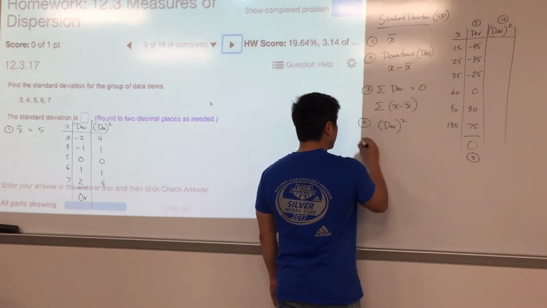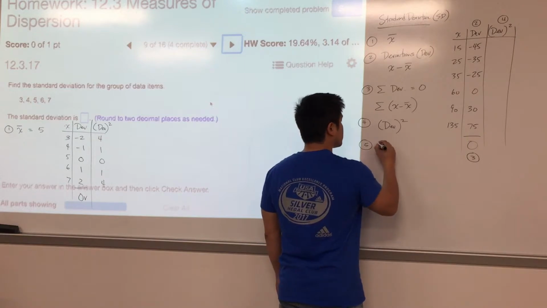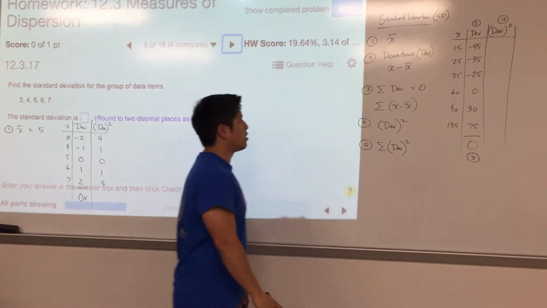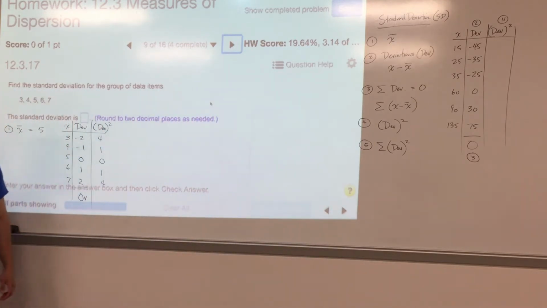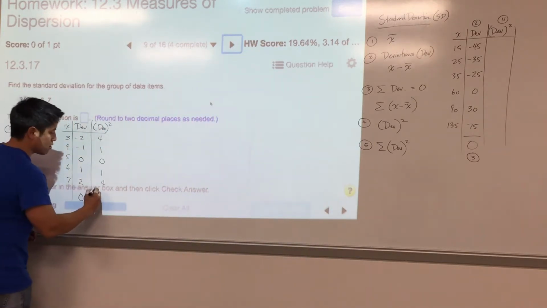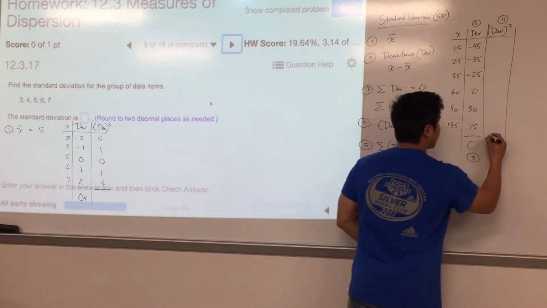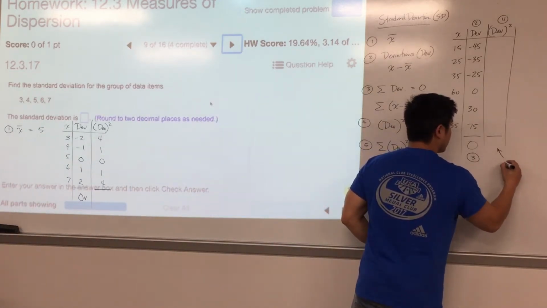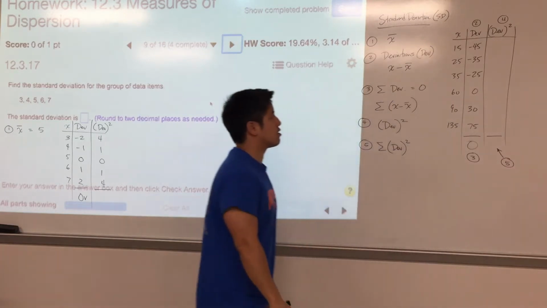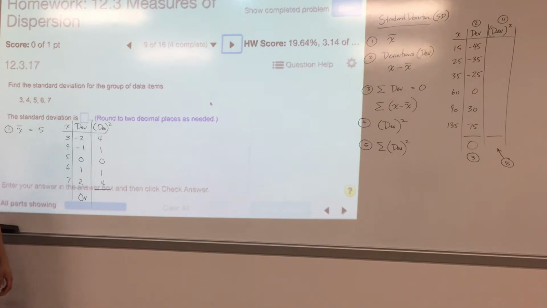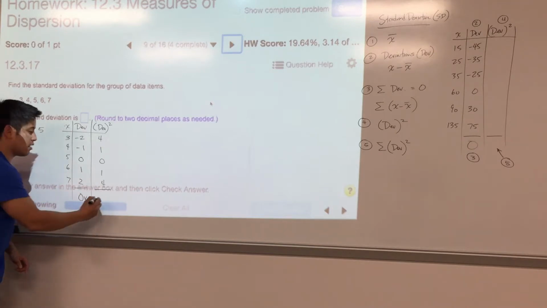Step 5. You're going to sum your deviations squared. You're going to add up all of your squared deviations. So in step 5, you should get a value for your squared deviations added together. 4 and 1 is 5, 5 and 0 is 5, 5 and 1 is 6, 6 and 4 is 10.